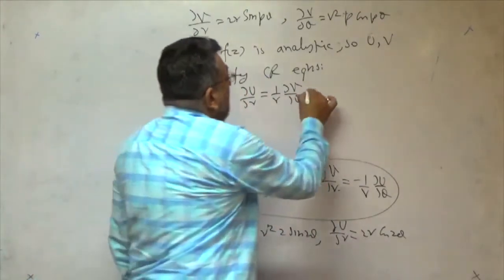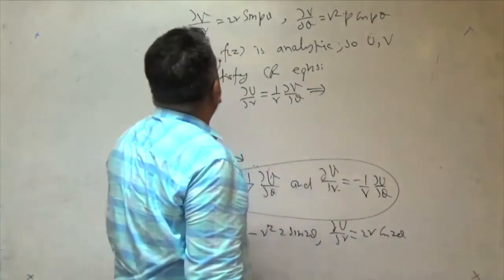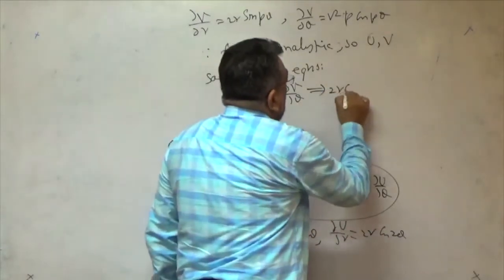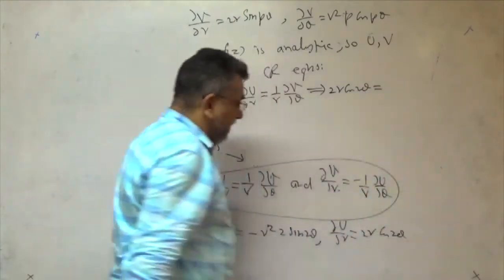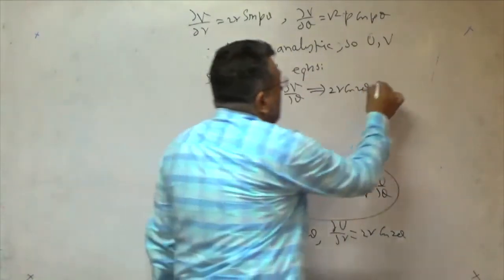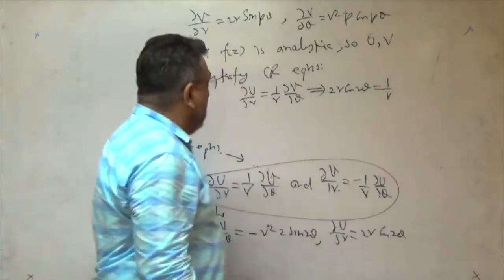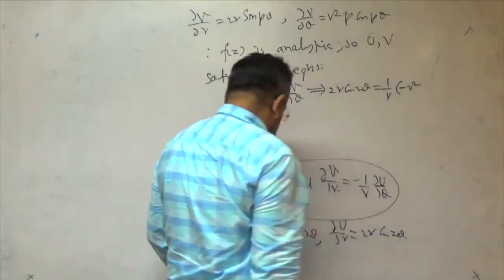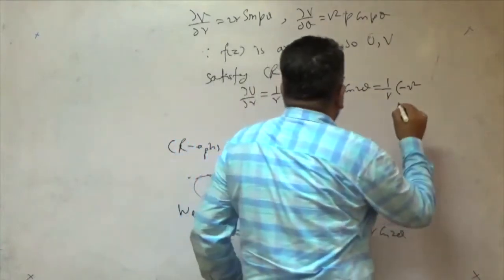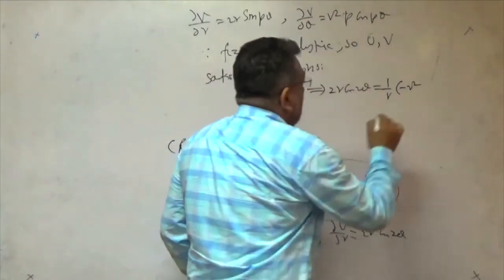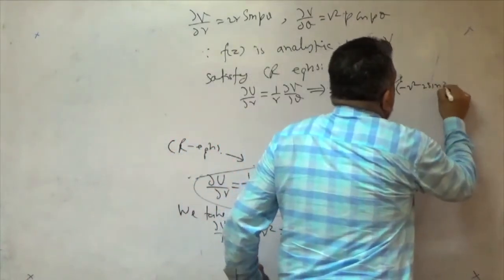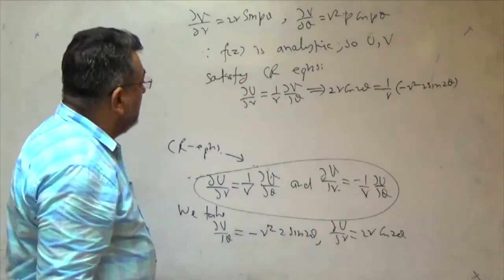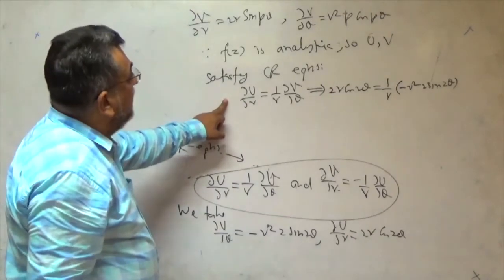Here del u by del r is 2r cos 2θ. And 1 upon r times del v by del theta, which is minus r² 2 sin 2θ. That is, del u by del r equals 1 upon r del v by del theta.